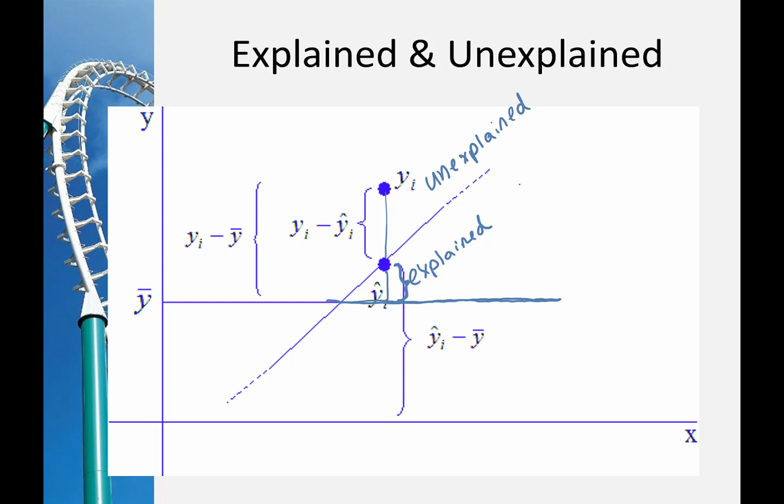So let's start up here at yi. This is our data point. If we were to guess the average, the residual would be this whole height, that whole distance there. That's the total amount of variance from here to here, right? From this point to this point. This is the total variance.